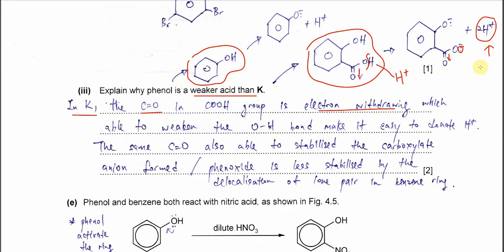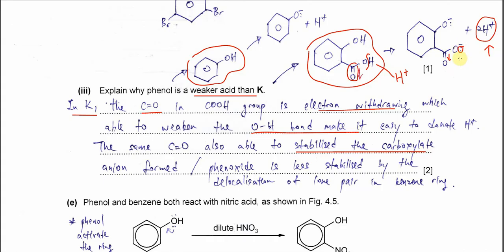So the effects again, on this COOH, the carbonyl has two effects. First is weakening the OH bond. Second, we say that it stabilizes the carboxylate. Because it withdraws electrons toward itself, electron density on the oxygens here is lesser.